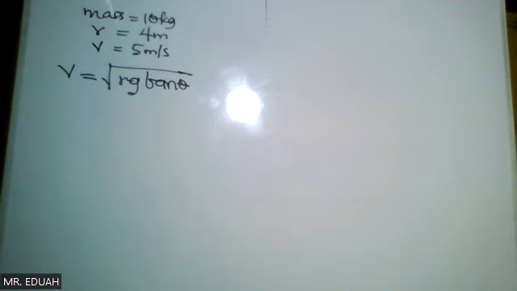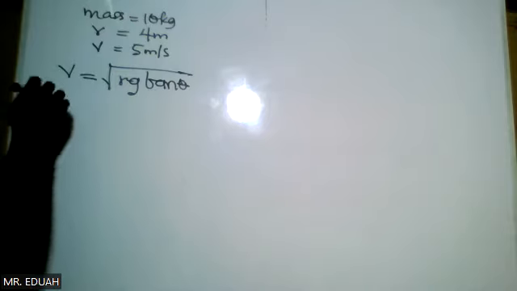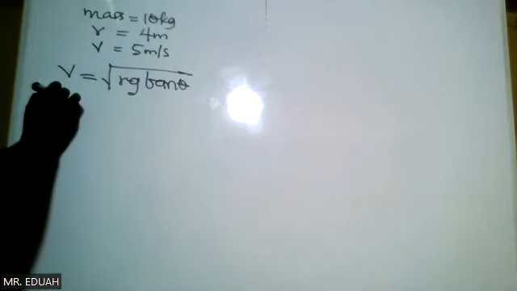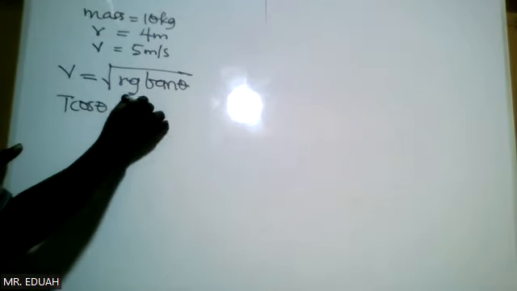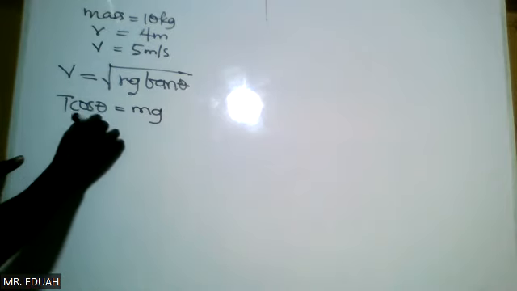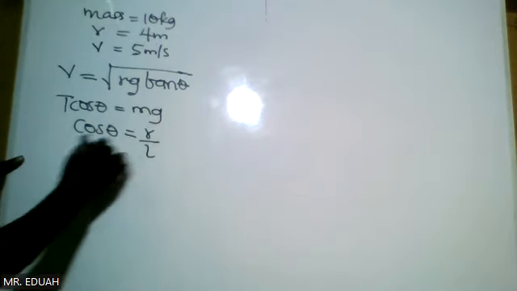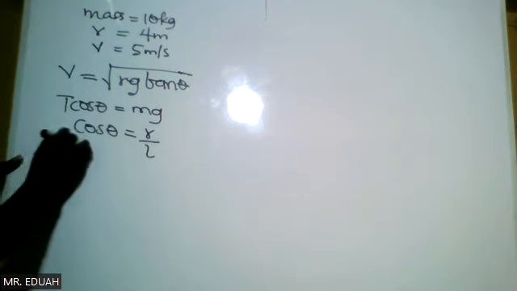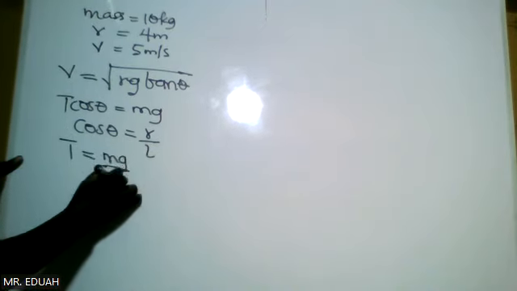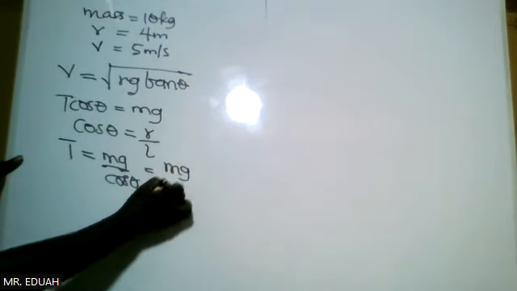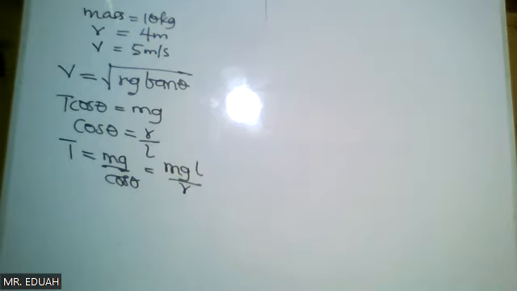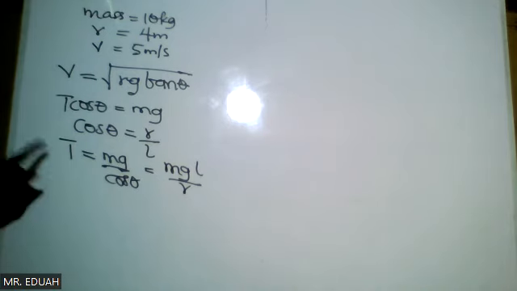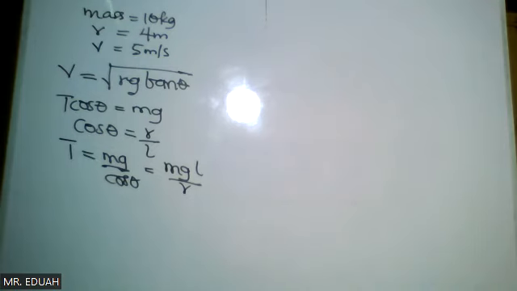Or T cos theta is equal to mg, and we saw that cos theta is equal to R on L. So T is equal to mg over cos theta, which will be mgL on R. Now I have M, G, and R, but I don't know L, so I can use this to find the tension.